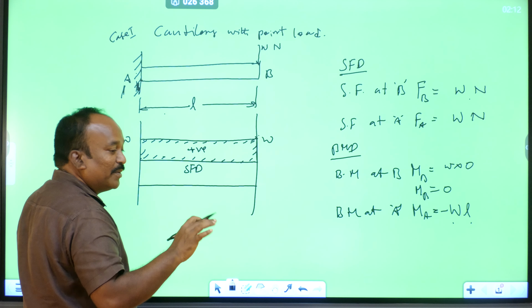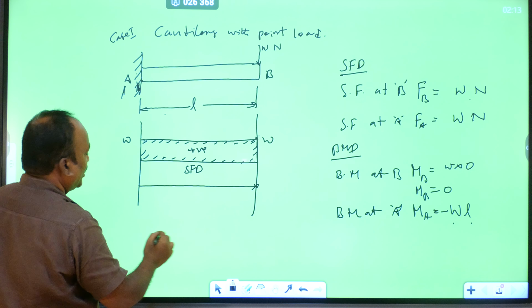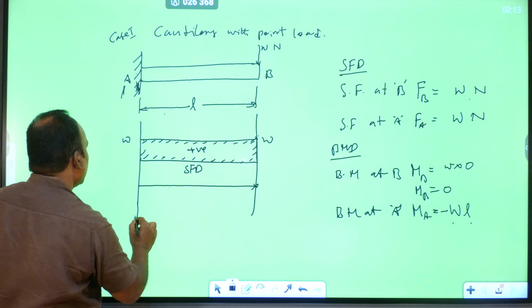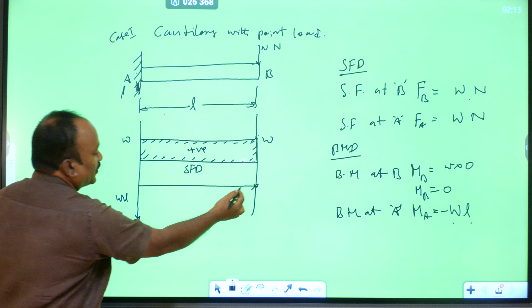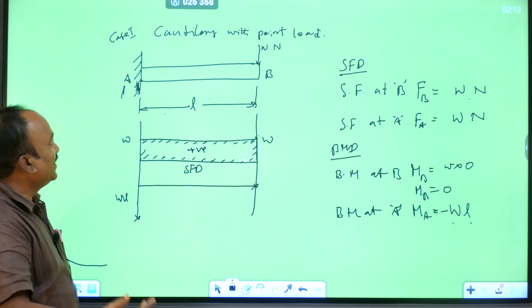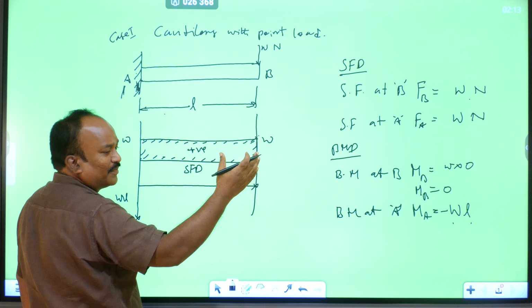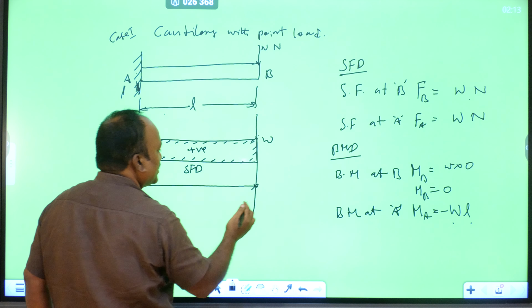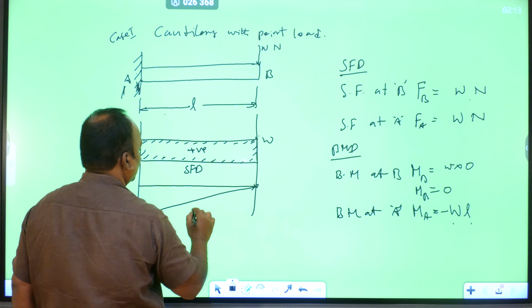The BMD at B is 0 and at A is WL. Is it a linear line or a curve? Linear, since the moment varies linearly with the length of the beam, so it is a straight line.